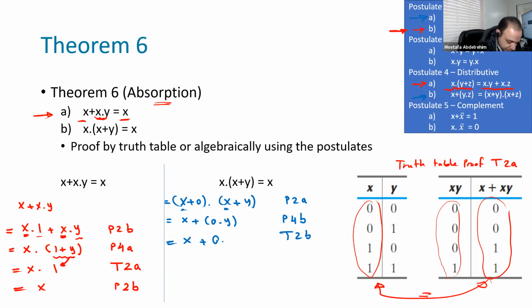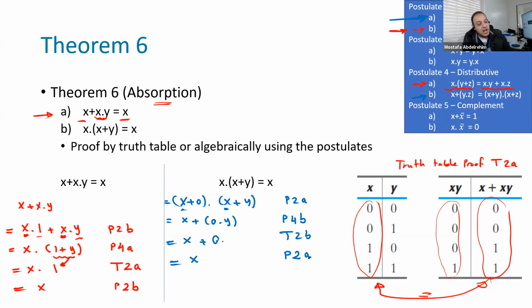Okay. Now x or 0 gives you x. So this is actually equal to x. Why? Because we have postulate 2a here.